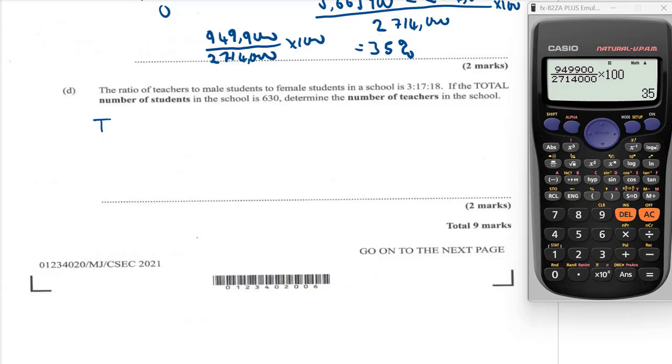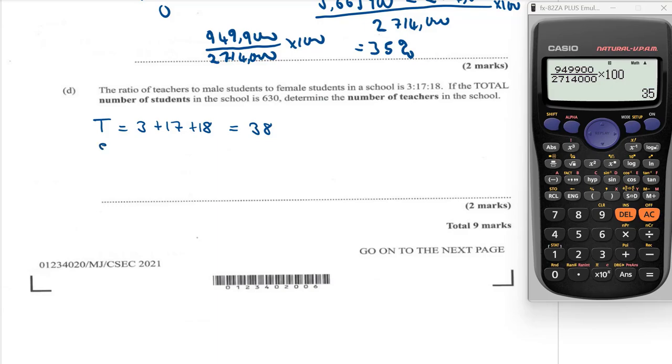So let's find our total ratio, total parts. So let t equal 3 plus 17 plus 18, and this is going to give me 38. 3 plus 17 is 20. 20 plus 18 is 38. Also, they tell us that the number of students in the school is 630.